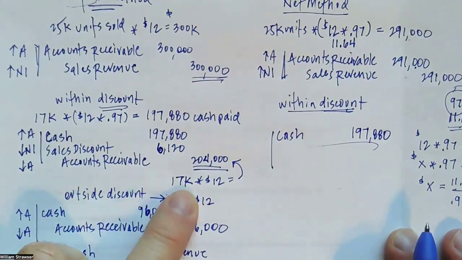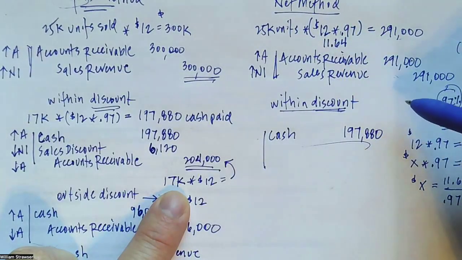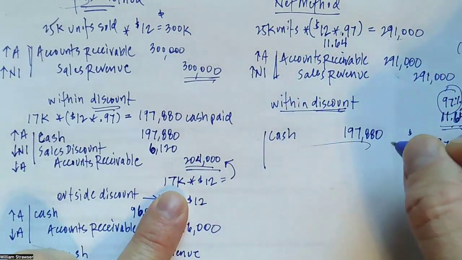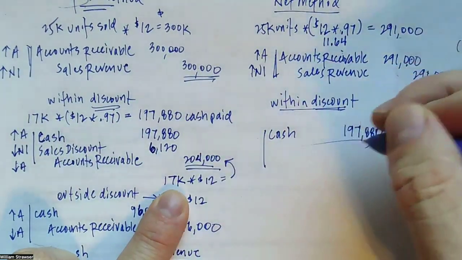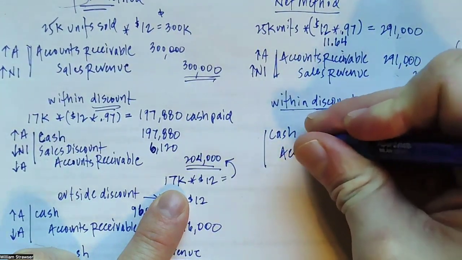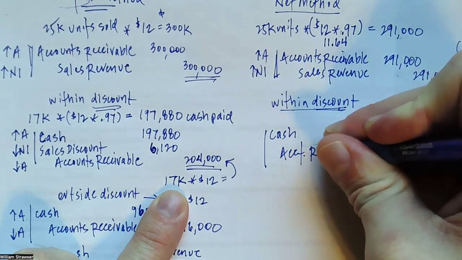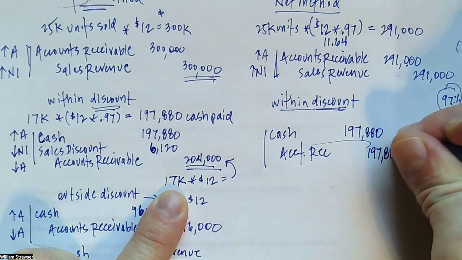Right? So if we got that much cash, now what about those receivables? Well, the receivables are no longer being valued at their gross price, they're being valued at their net of discount price. And so it becomes the same math, 17,000 with an after discount amount on the $12 price. That's going to be my accounts receivable for the same amount here as the cash.